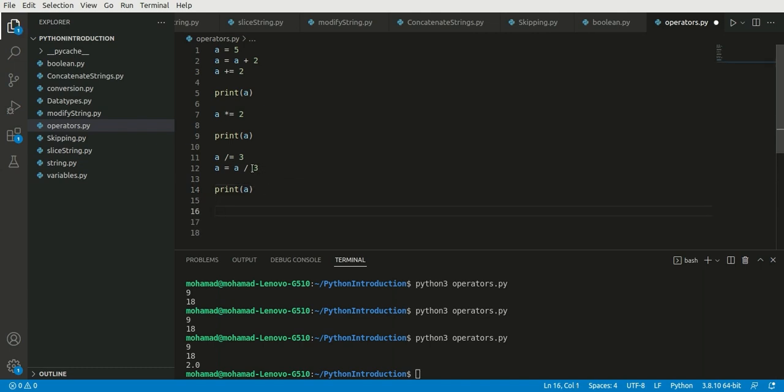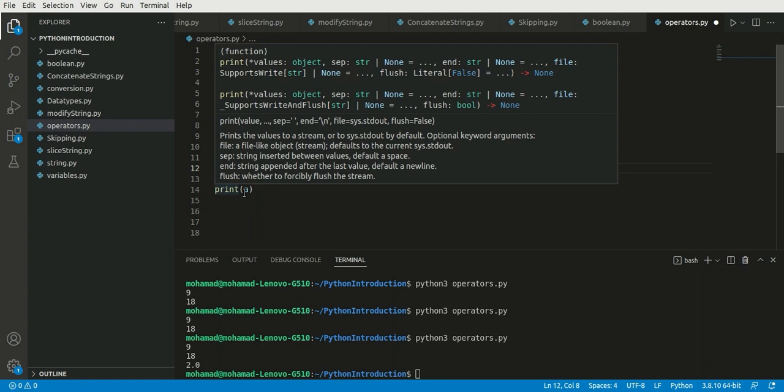So if, for example, here we write percent instead of division this way. So after dividing A by 3, if there is any remaining number that cannot be divided by 3, it will remain, and it will print that for us.